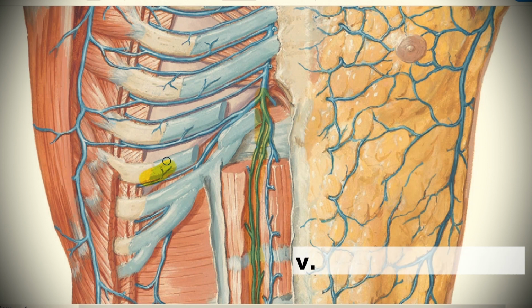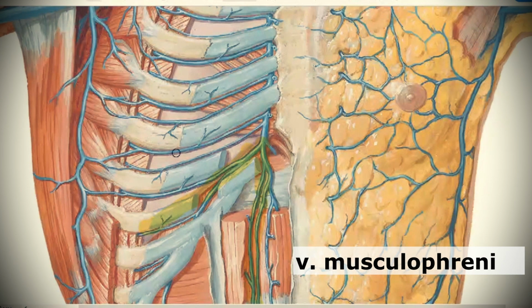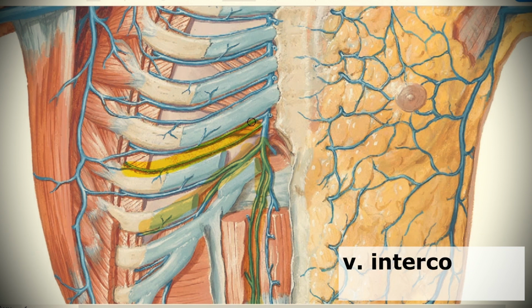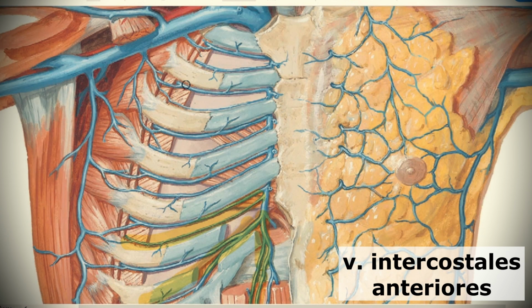The musculophrenic vein is created by veins from the diaphragm. It drains the diaphragm and the intercostales anteriores, veins that anastomose with the intercostales posteriores, you know about it. Epigastrica superior and musculophrenica create the thoracica interna, which goes up and also receives the intercostales anteriores from the superior 5 intercostal spaces.